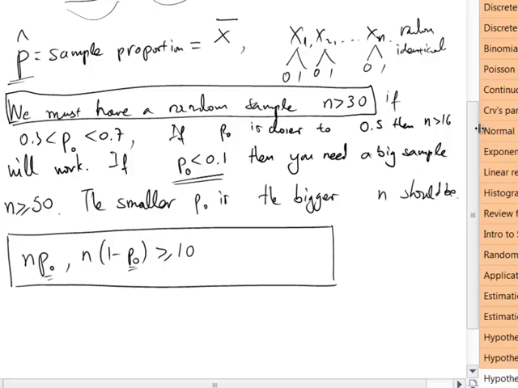I solved it with the 6 samples where one was way off. That was a case where you may not have a random sample because not all observations come from the same distribution.